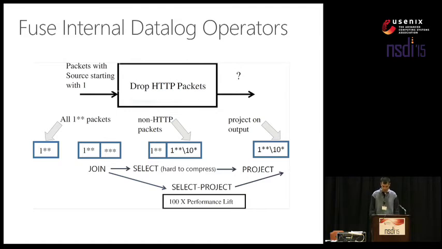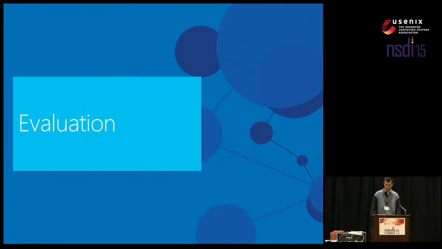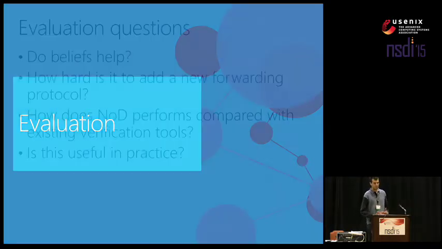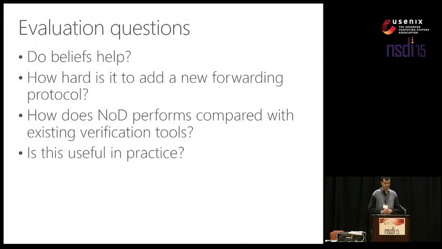Okay, let me show you some results. We asked ourselves a few questions: do these beliefs actually help? How hard is it to add a new forwarding protocol, since we are claiming that we are more expressive? How do we perform in terms of speed compared to other data plane verification tools? And is any of this useful in practice?